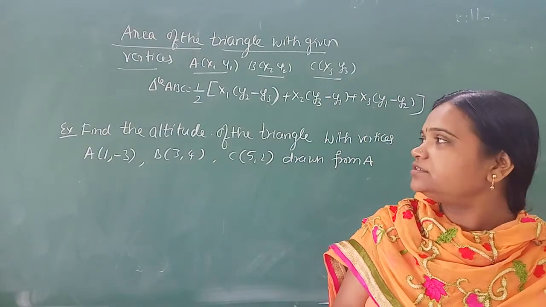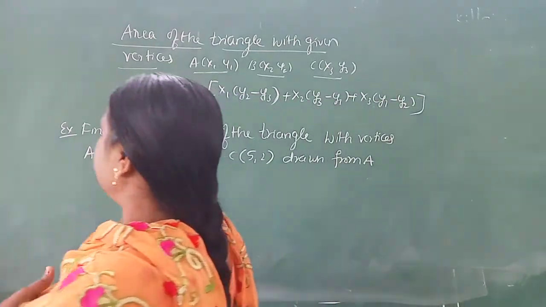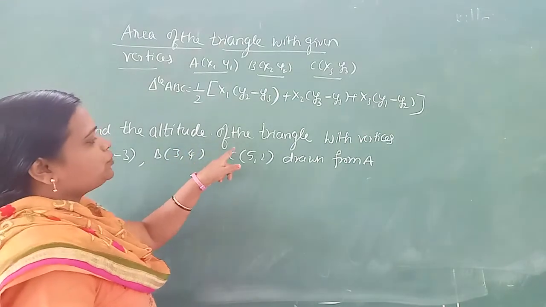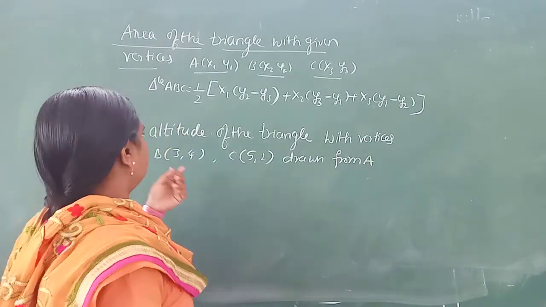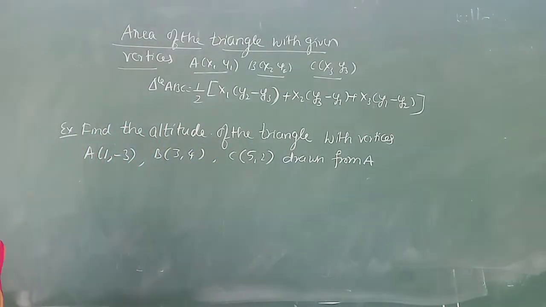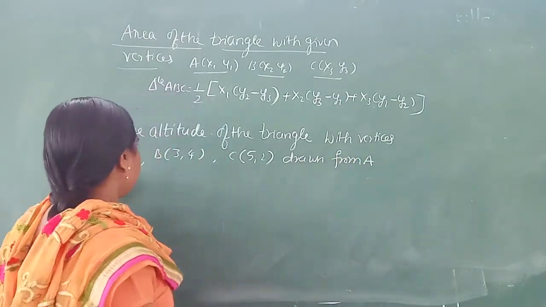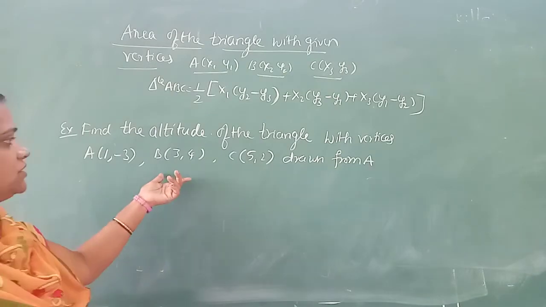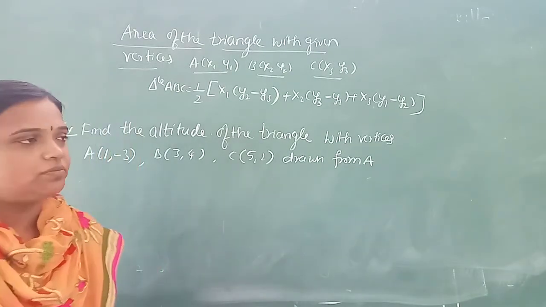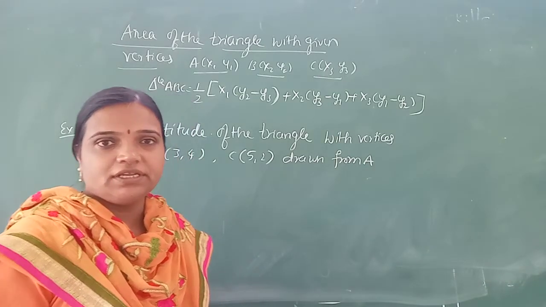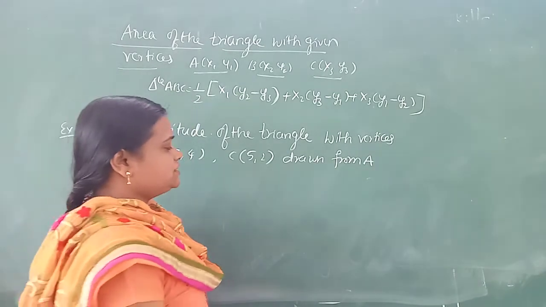Now today we will take another example: find the altitude of the triangle. Means we have to calculate the height of the triangle with vertices A(1, -3), B(3, 4), C(5, 2), drawn from A. This is the given example.